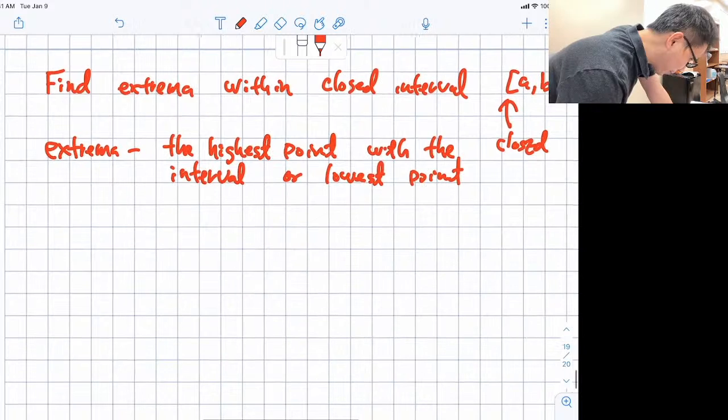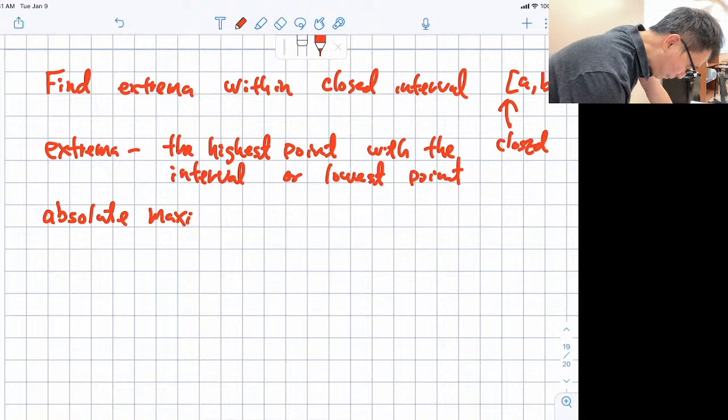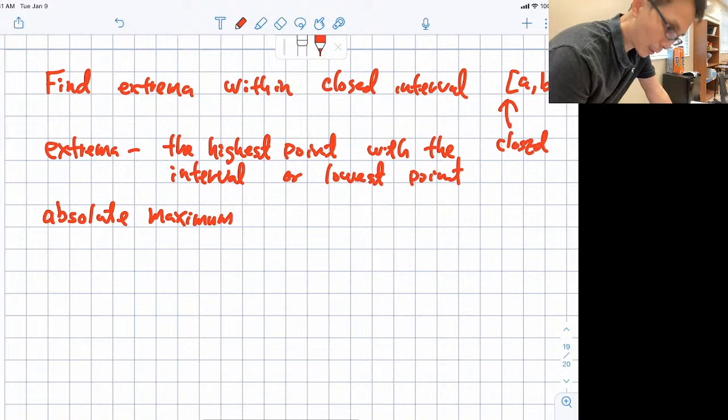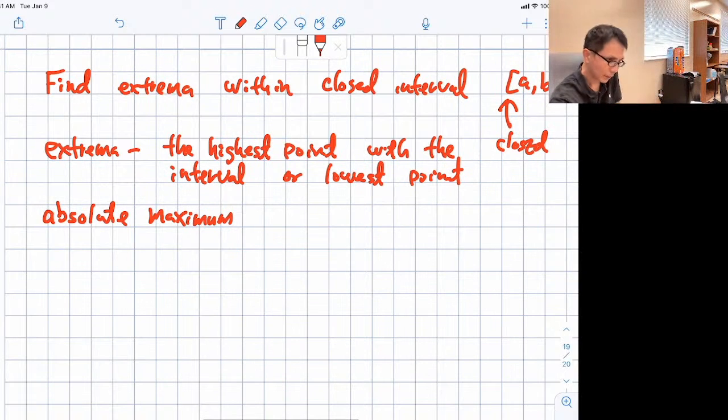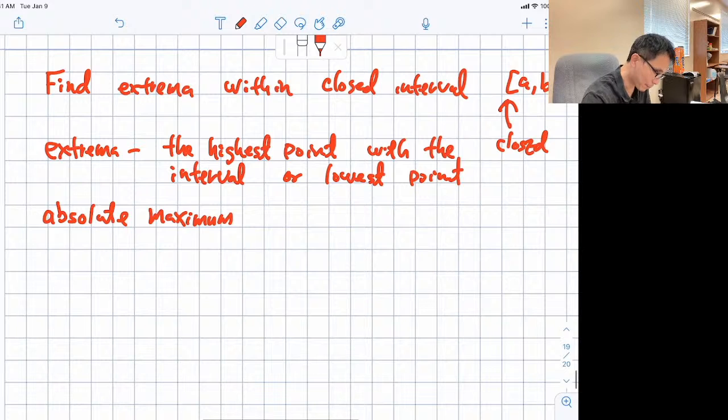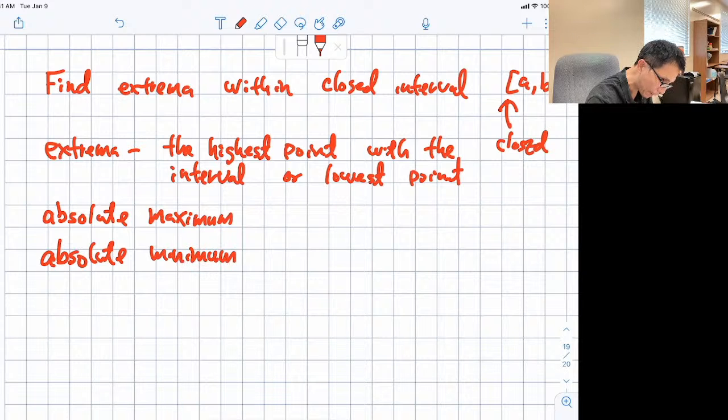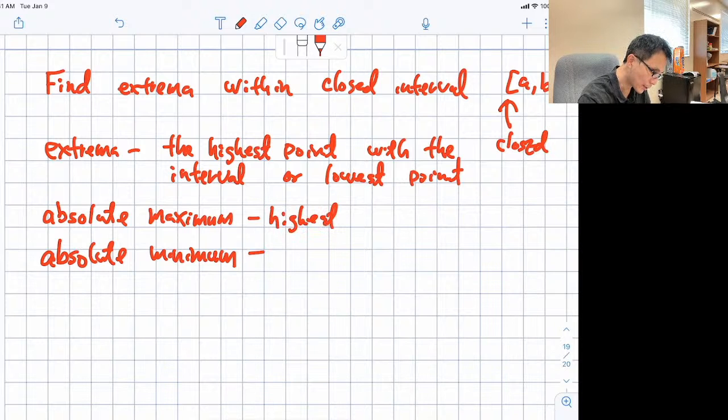But we have another name for that: absolute maximum and absolute minimum. So this is the highest and this is the lowest.